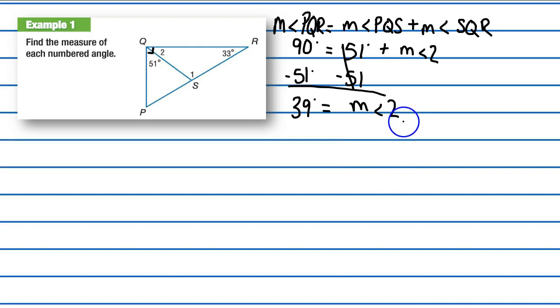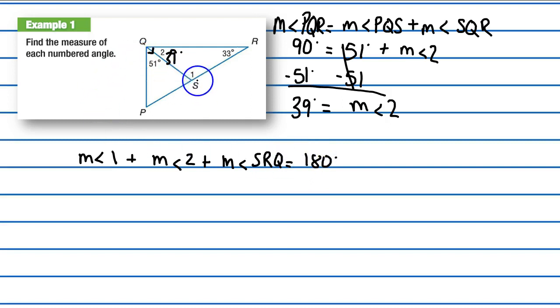So I found one measure. Now I need to find the missing angle 1. Let's look here. The measure of angle 2 is now 39 degrees. Remember before, all triangles add up to be 180 degrees. So the measure of angle 1 plus the measure of angle 2 plus the measure of angle SRQ is equal to 180 degrees.